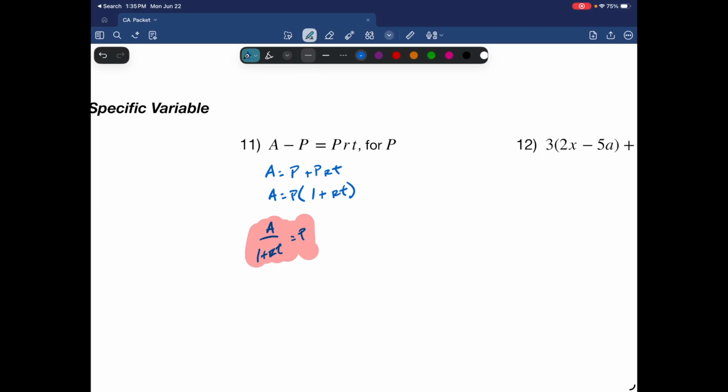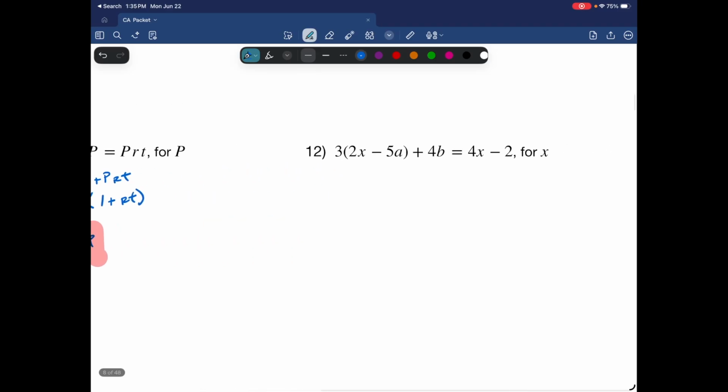All right, and then here we're solving for x. There's x on both sides, so I need to do a little bit of solving. So this is going to be 6x minus 15a plus 4b equals 4x minus 2. I'm going to get all my x's to the left and everything else to the right.